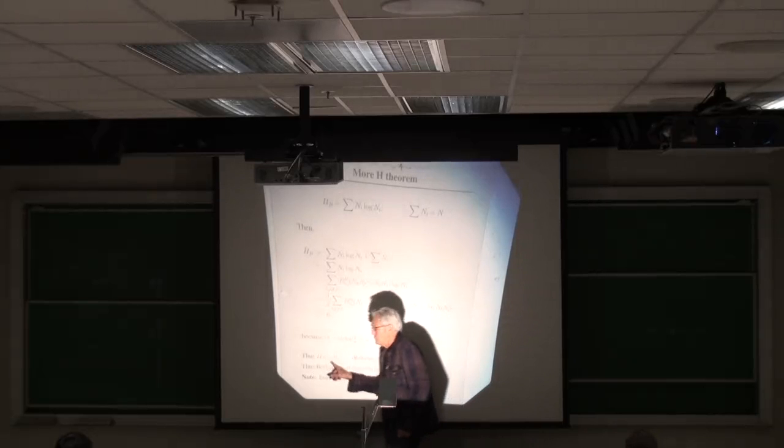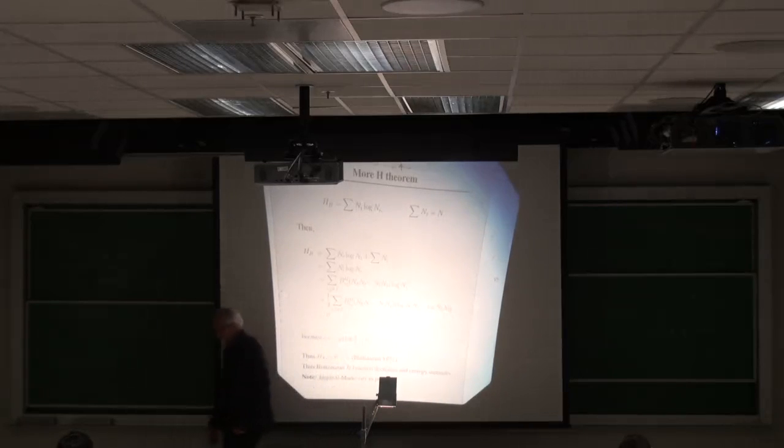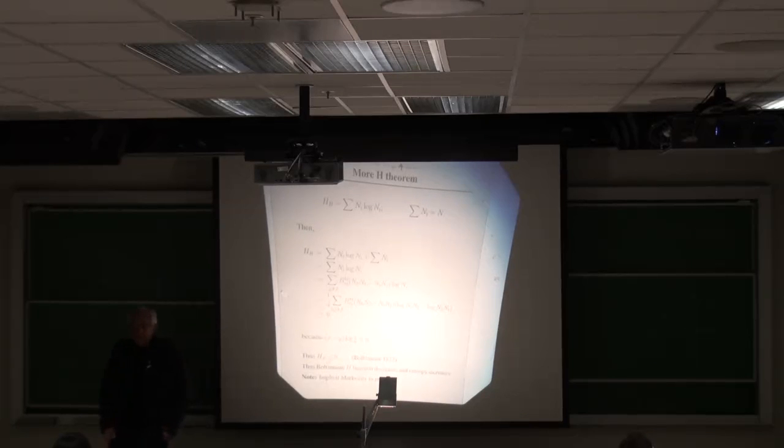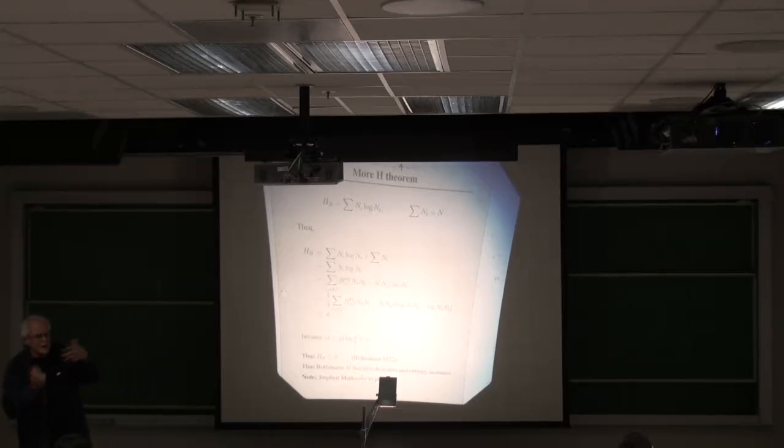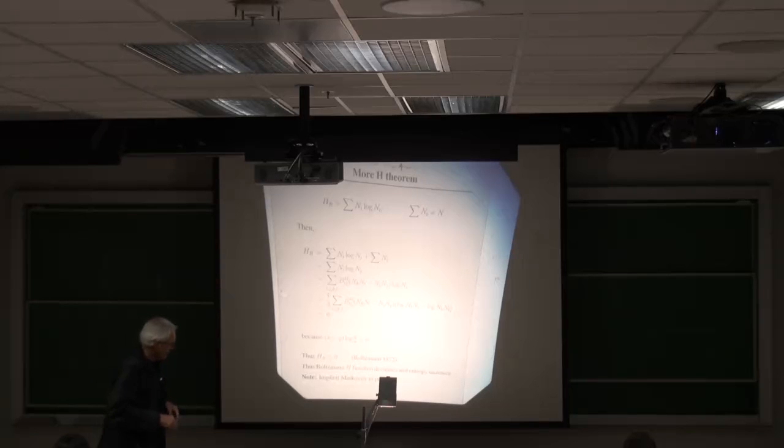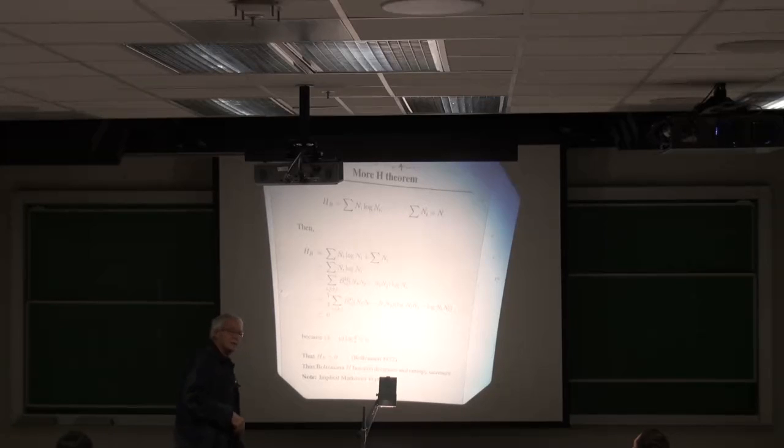So therefore this derivative is negative, and you've proved Boltzmann's H theorem, that entropy increases. Oh, incidentally, he talked about minus the entropy and so on, not to be confused. It goes in the right direction.